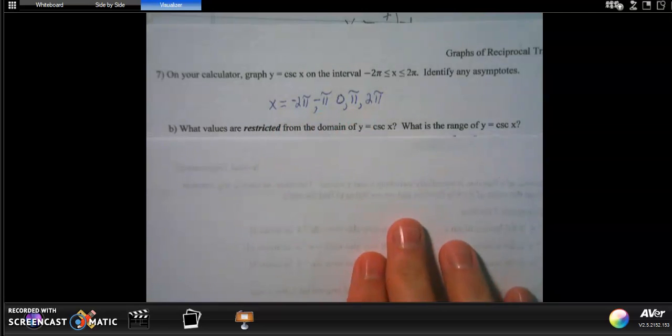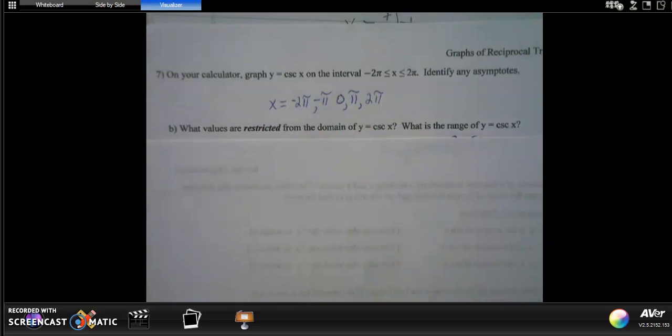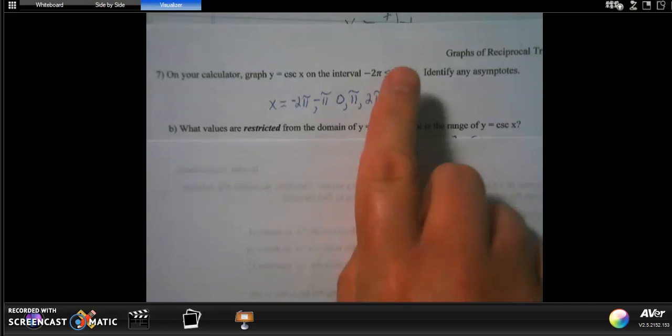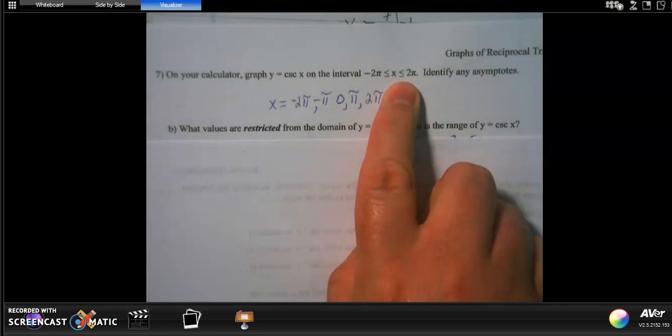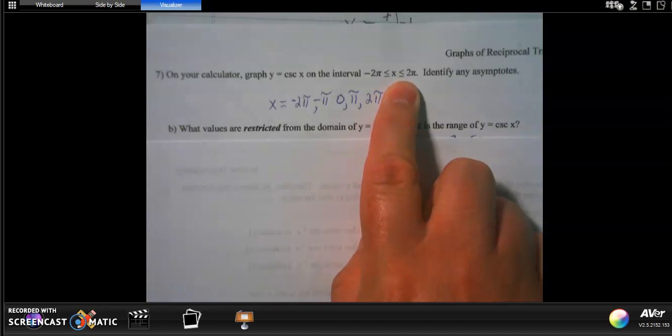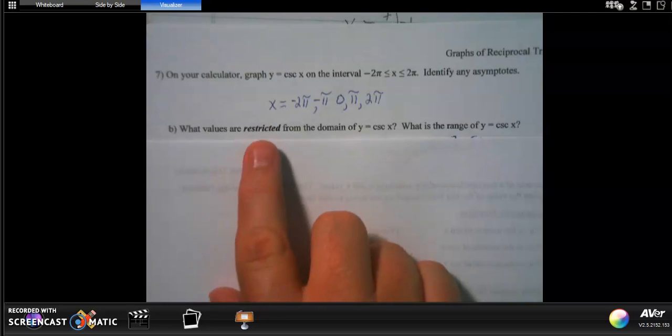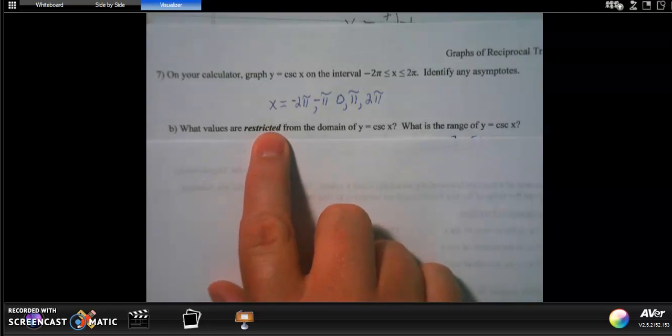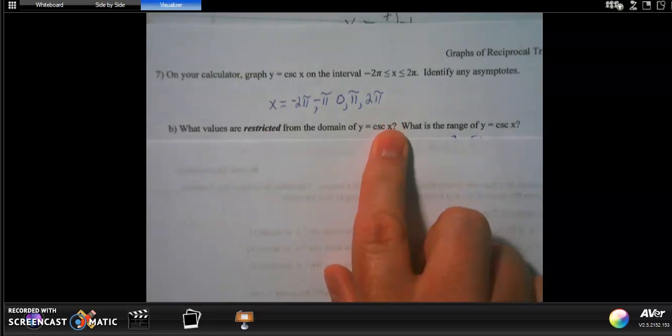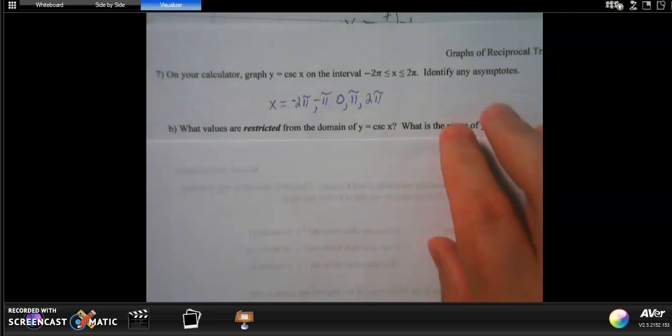So just in general, remember, if you were to keep on going with the curve and you didn't restrict the domain at all, that curve is going to keep on repeating itself, just like I do. It keeps on repeating itself. So what values, just in general, are restricted from the domain of y equals cosecant of x?